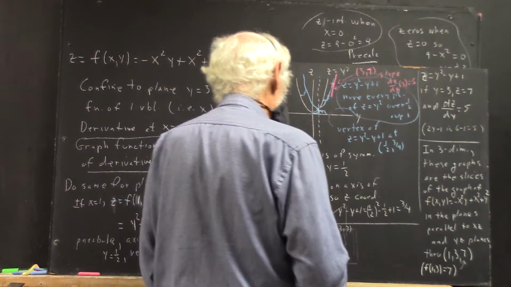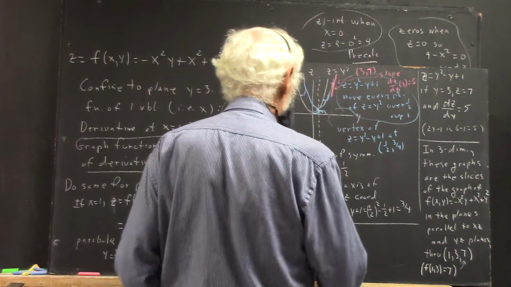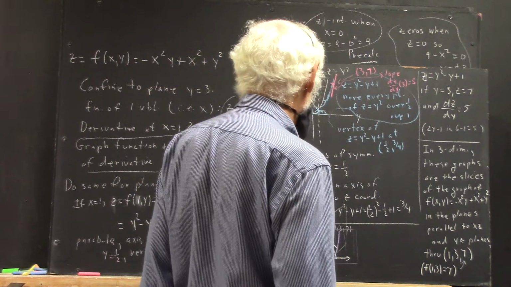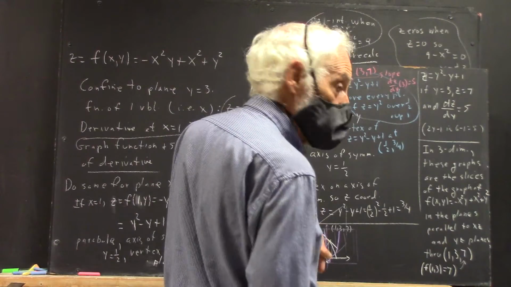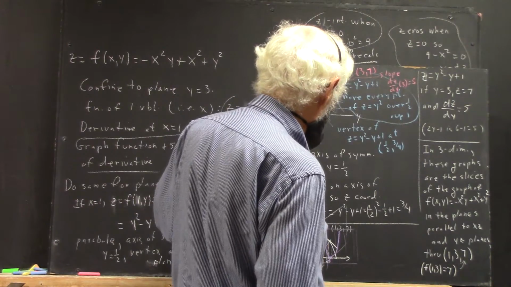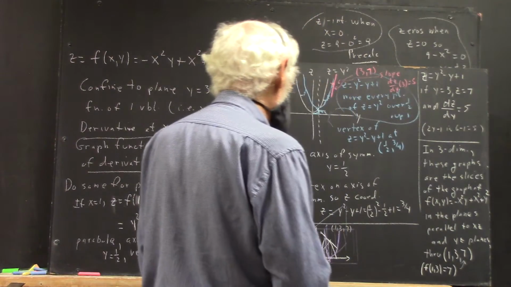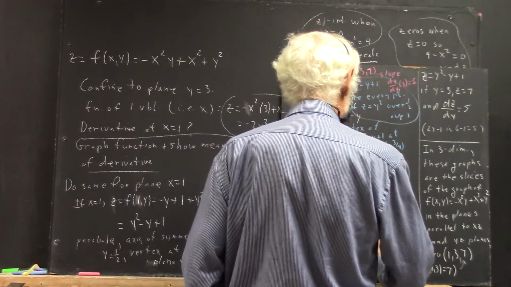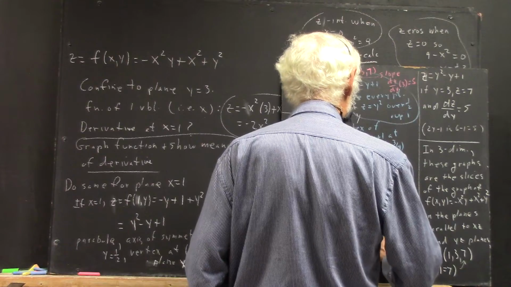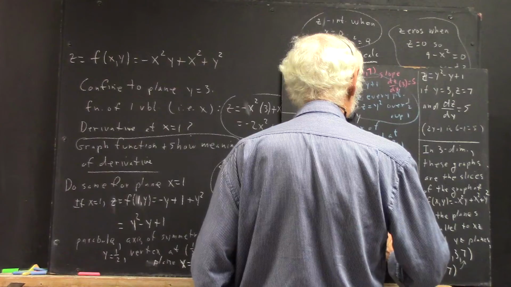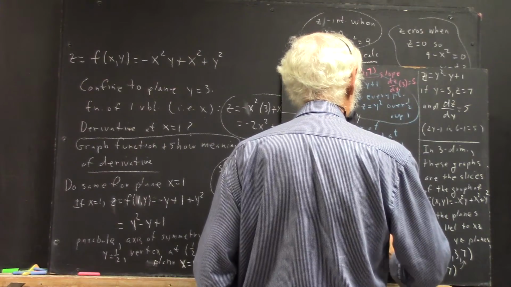So at the point (1, 3, 7), this parabola has an upward slope. This one has a downward slope. So what are the implications for the truncated parallelepiped near this point?